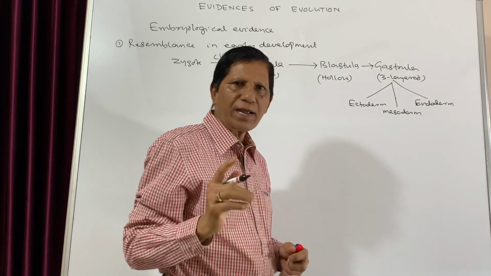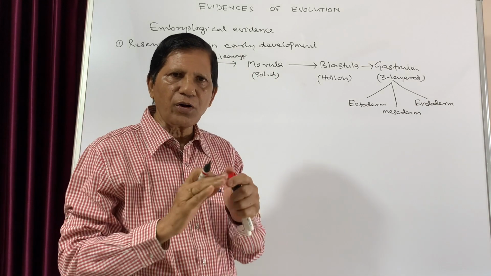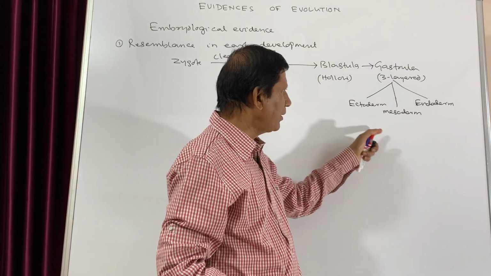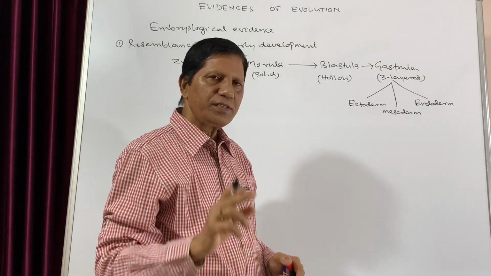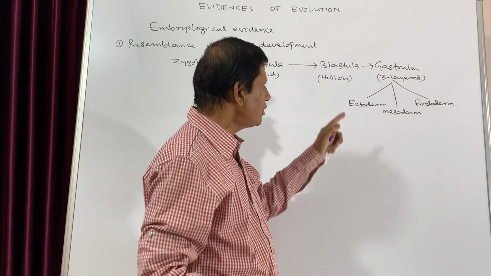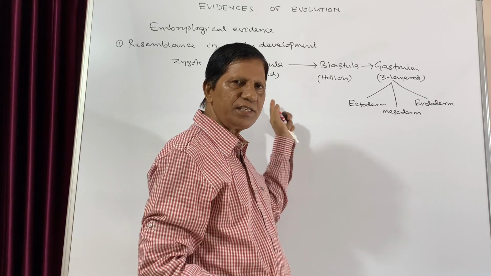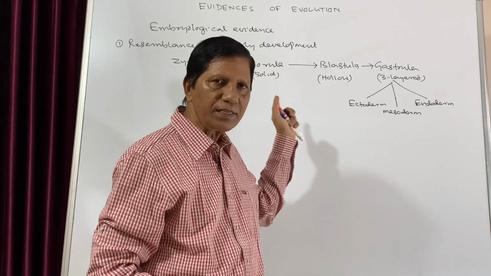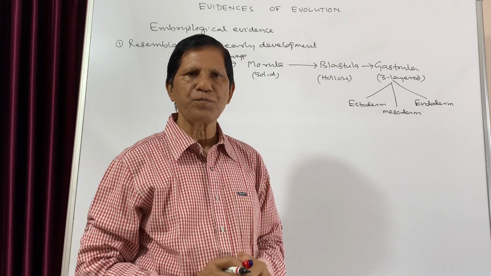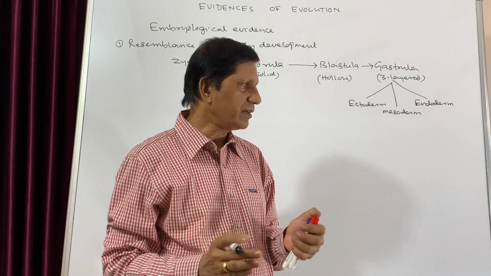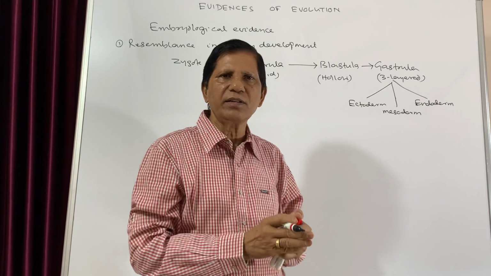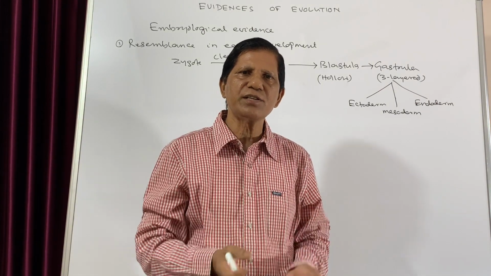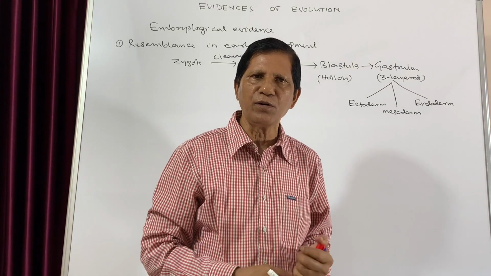In all animals, the different organs develop only from these three layers, and in all organisms the same organ develops from the same layer. These are the different stages of development. So it means that those organisms which pass through these processes have evolved from the same ancestor. That is the evidence from embryology.